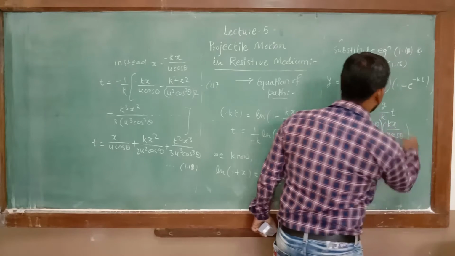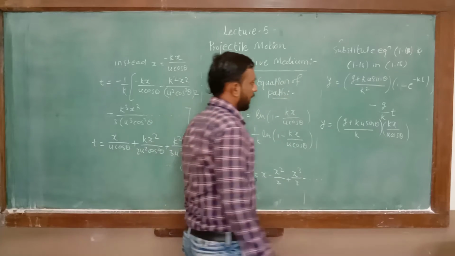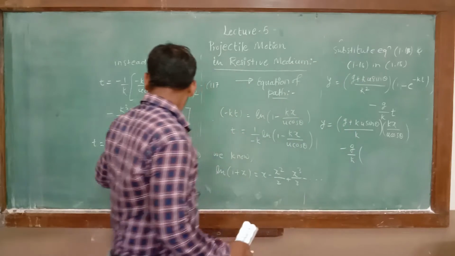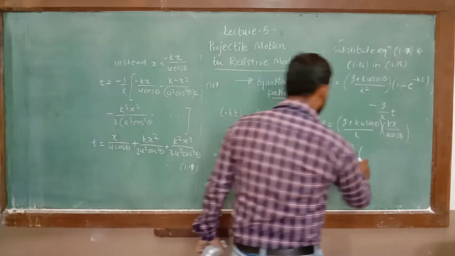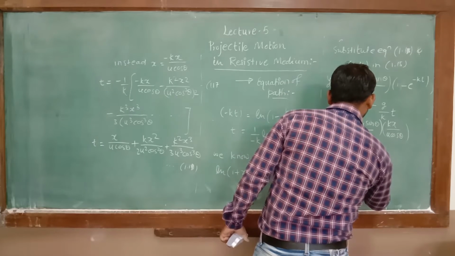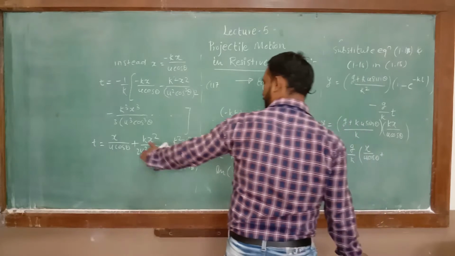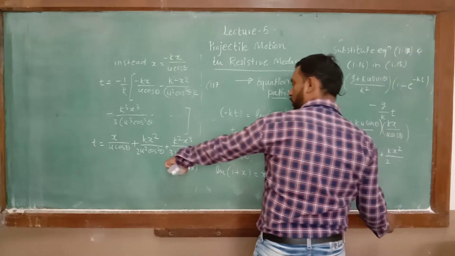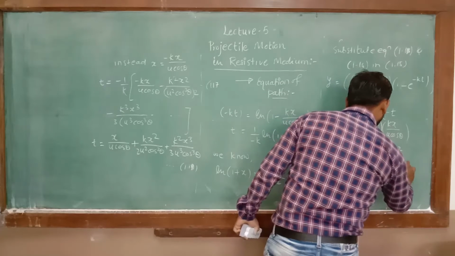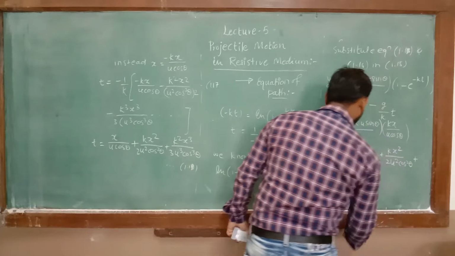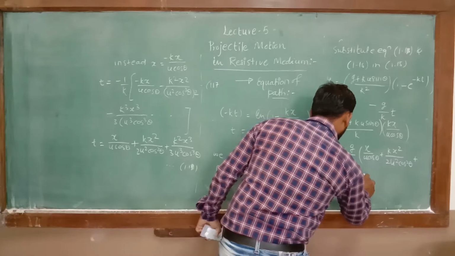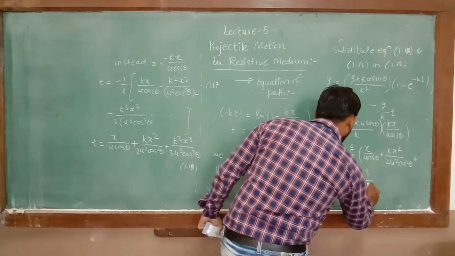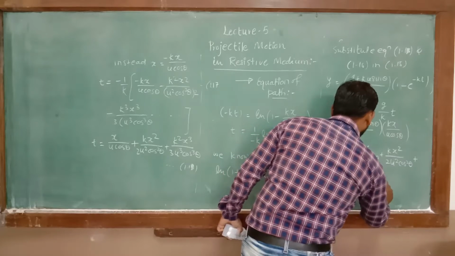So this is from equation number 16, and minus g upon k as it is, and instead of t we have x upon u cos theta plus kx square upon 2u square cos square theta plus k square x cube upon 3u cube cos cube theta, and this continues.